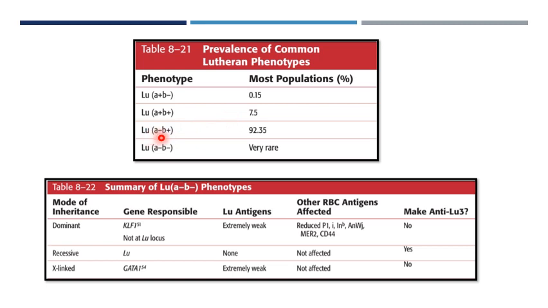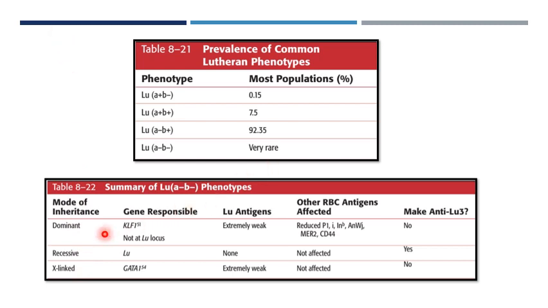Lu-A negative B positive is 92.35%, and the null phenotype Lu-A negative B negative is very rare. The null phenotype Lu-A negative B negative has three modes of inheritance, namely dominant, recessive, and X-linked.